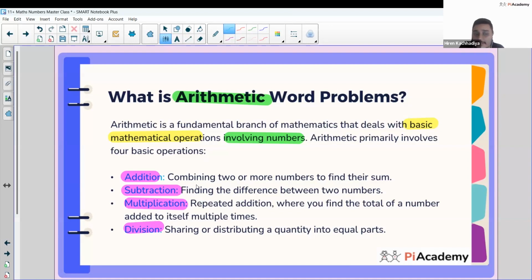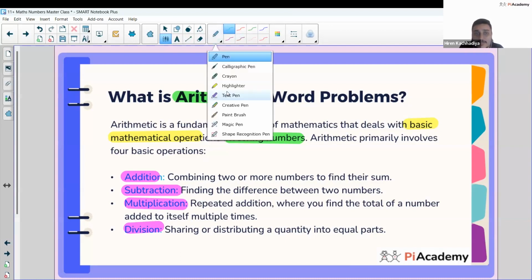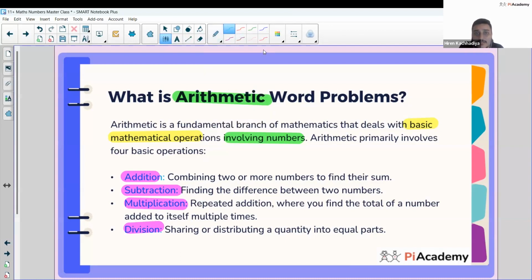That is lengthy work, so that's why we need multiplication. It is just repeated addition, but easier, where you find the total of a number added to itself multiple times.